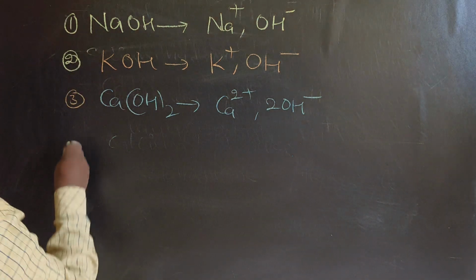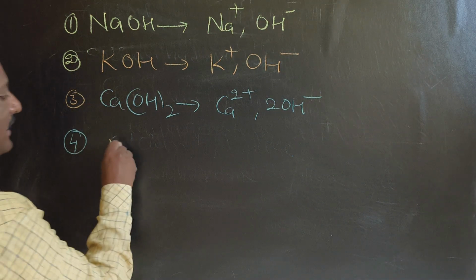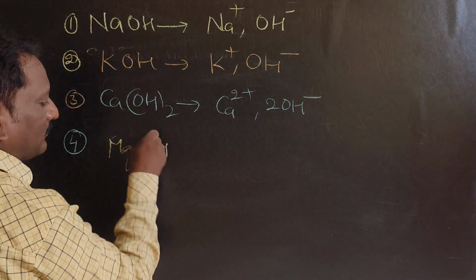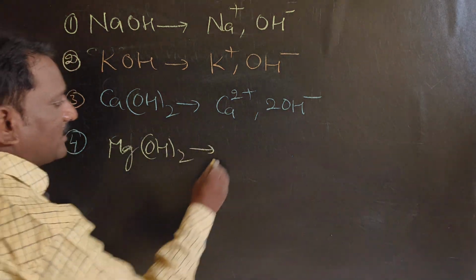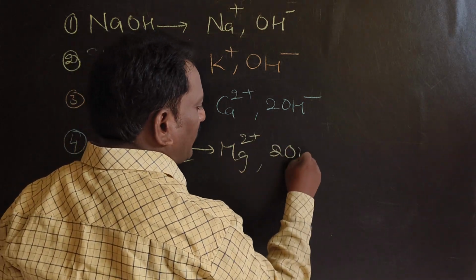Next one, fourth one is magnesium hydroxide. It splits up into Mg2 plus and 2OH minus.